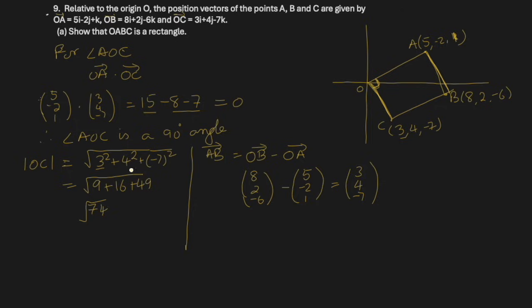And again we are getting 3, 4, and minus 7 here also. 3, 4, minus 7, they are parallel. Obviously their magnitude will also be equal. So AB equals square root 74 as well. That's why OABC is a rectangle.